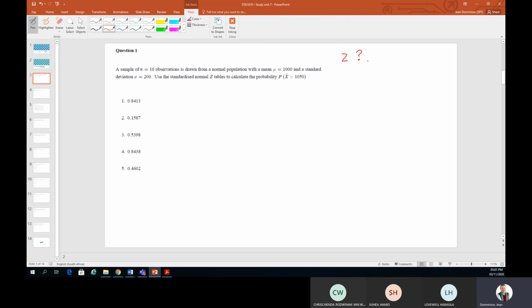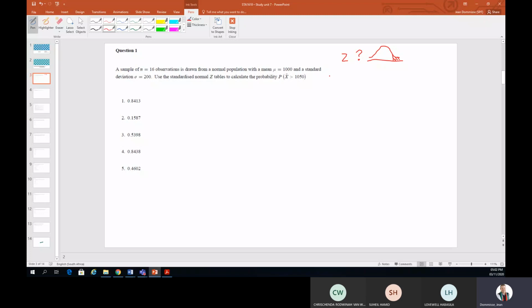Then normally what we will need to work out is, on that curve, wherever that Z is, what's the probability. So if it is sitting there, we will need to say the probability of that Z being bigger than... Okay, but at the moment we don't know.